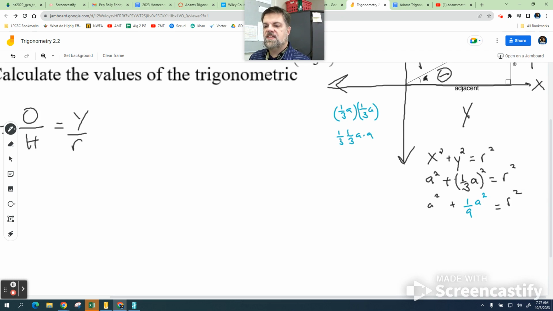Now I'm going to need to take the square root at some point because I need to take the square root of this to get r. But I want to combine these two terms and see if I can.